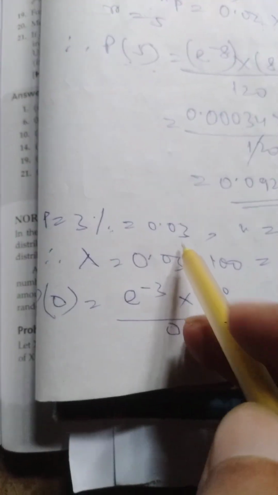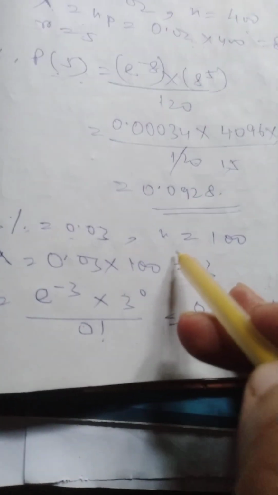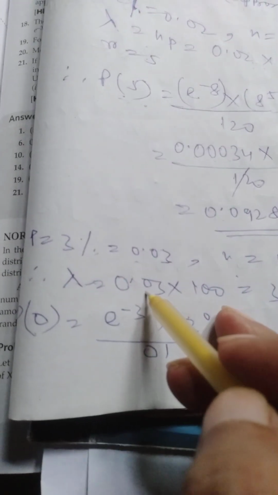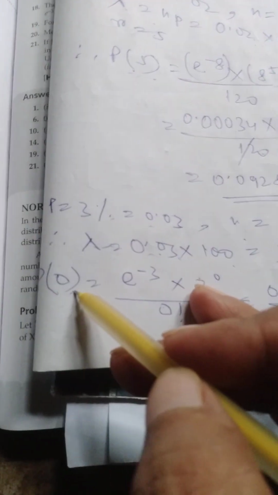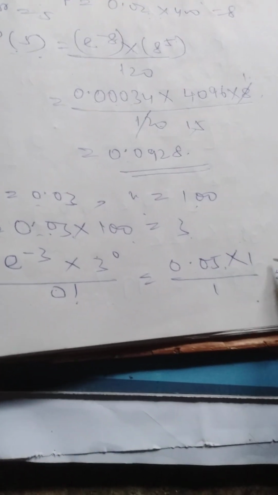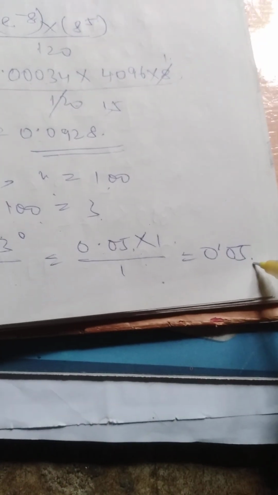So p equals 3%, which will make it 0.03, and n equals 100, which will mean lambda is equal to n into p, 0.03 into 100 make it 3. Therefore P0 equals e to the power minus 3 into 3 to the power 0 divided by 0 factorial. e to the power minus 3 makes it 0.05 into 1 divided by 1, which will make it 0.05.